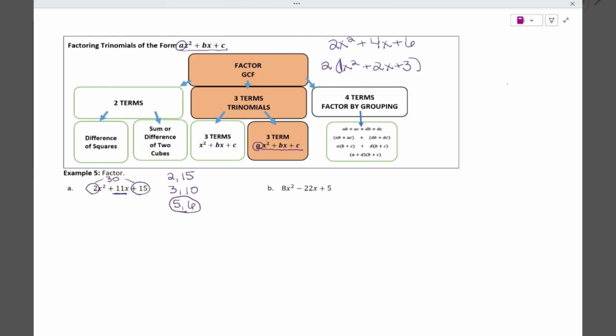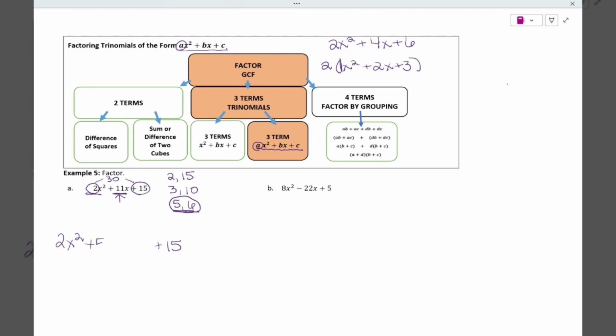Once I find those numbers, I rewrite my trinomial. It's actually going to become a polynomial with 4 terms. I'm not going to change my first or last terms, so let's keep those. I write 2x squared, and I keep my last term, plus 15. But I use the two numbers that I found to rewrite the middle term, 11x.